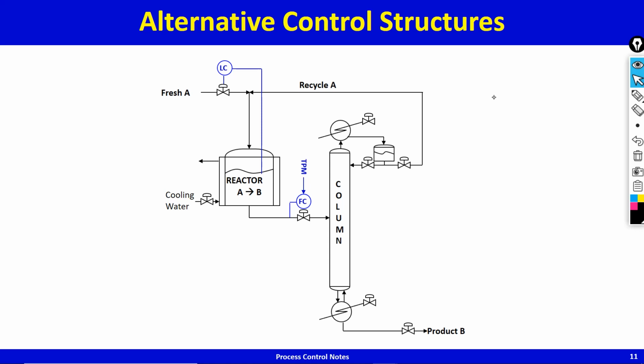The level is being controlled by adjusting the fresh A feed. Everything else remains the same as in the first control structure, and in this case the controlled variables are all the same except throughput is being set at the feed to the column. We can continue.